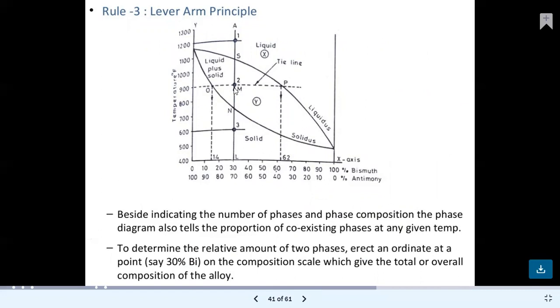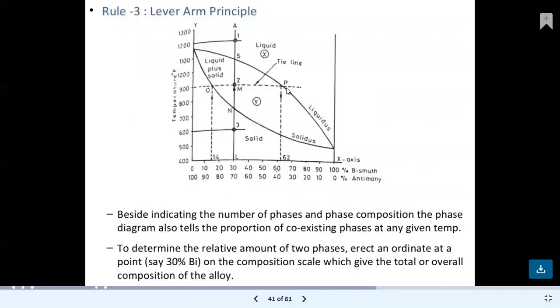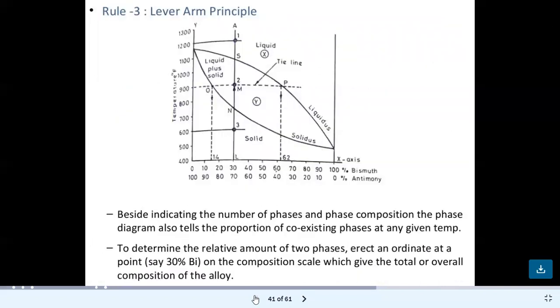So 62 minus 30 becomes MP, and divided by OP means 62 minus 14.